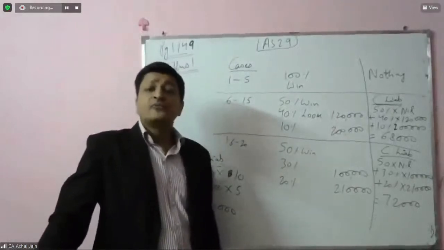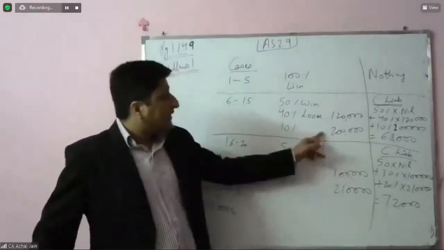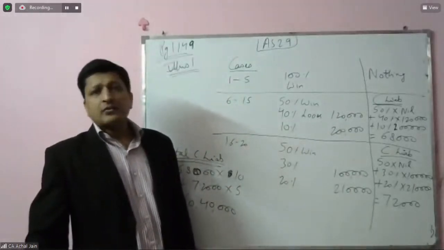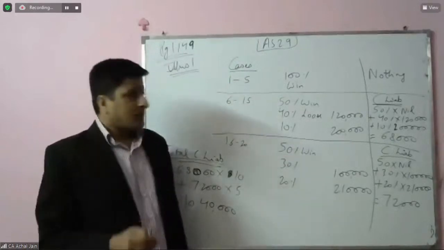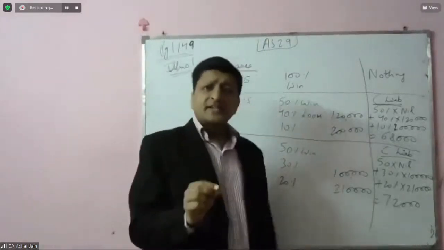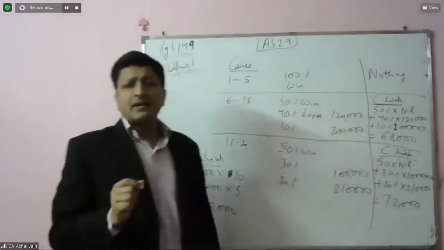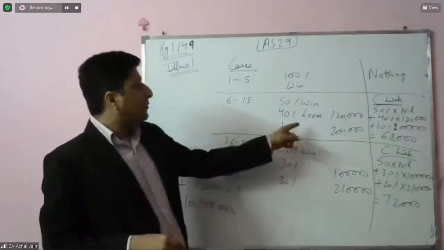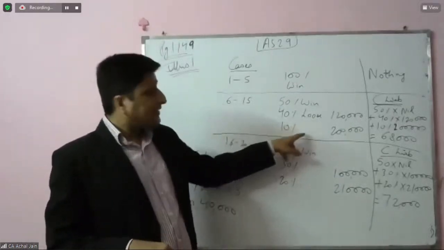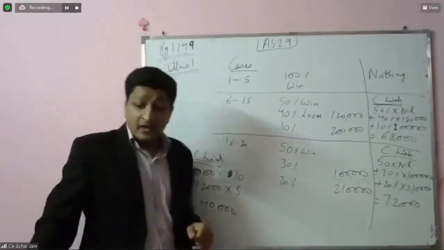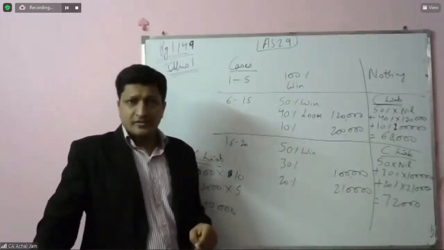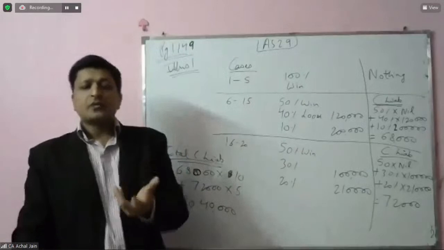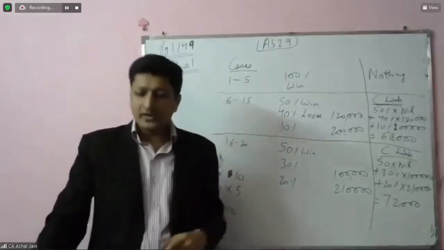You are saying that if you lose, you will end up paying 2 lakh plus 1,20,000, that means 3,20,000. But is that correct? If you lose, is it that you will be required to pay 3,20,000? No. There are 40% chances that you will pay 1,20,000, and there are 10% chances that you will pay 2 lakh, and there are 50% chances that you will pay nil. So weighted average is what you compute in such a situation. Same thing we have done.